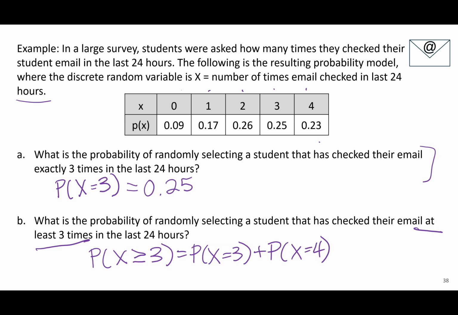And I don't have to subtract the intersection because they're disjoint. So the probability that x equals 3 is 0.25, plus the probability that x equals 4 is 0.23. So I should get 0.48. That's saying if I were to randomly select a student that took this survey, 48% of them checked their email at least 3 times in the last 24 hours.